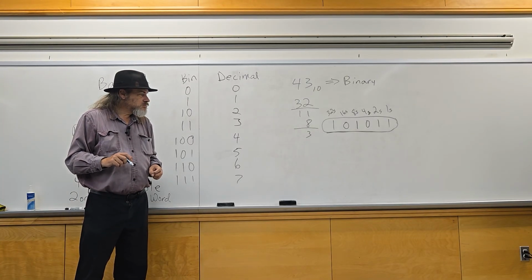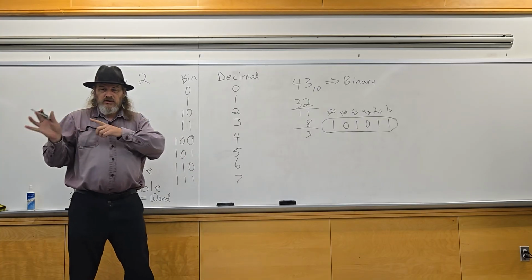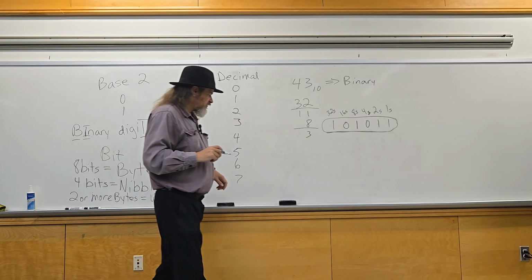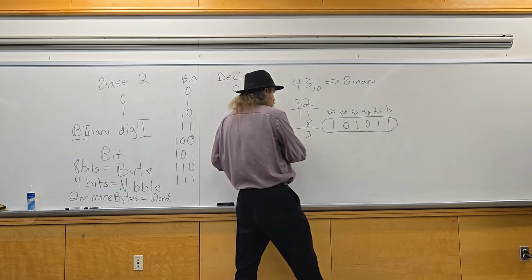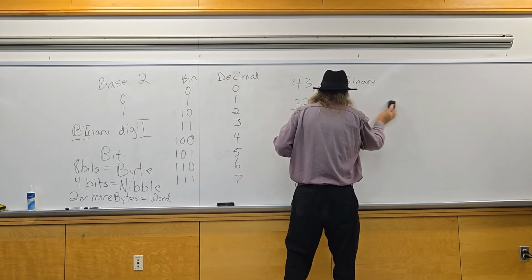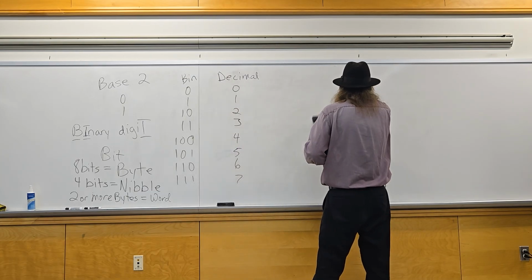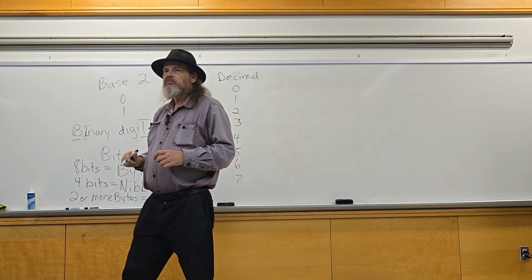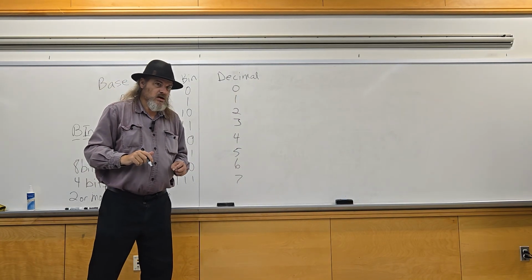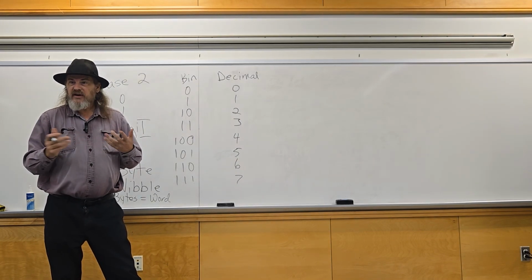But now 2's complement, which somebody brought up just a few moments ago, is how you represent negative numbers. Now, typically, you would have a certain number of bits that you're going to represent in this, and it's usually multiples of 8.